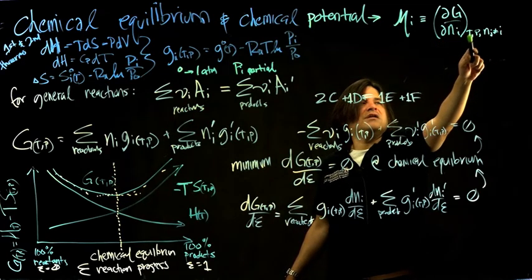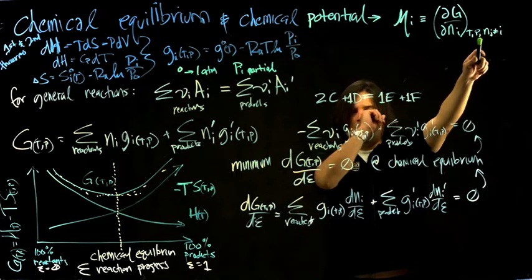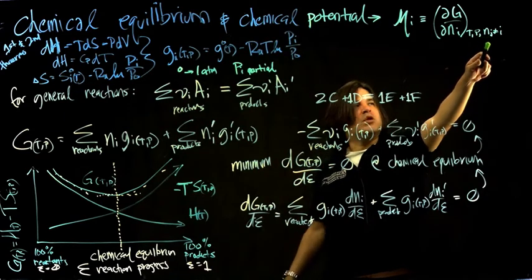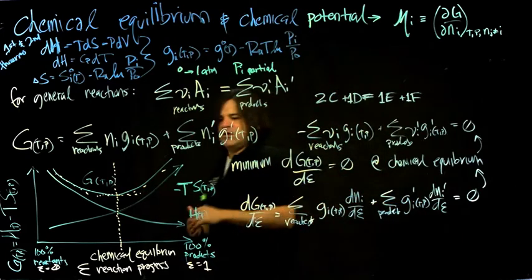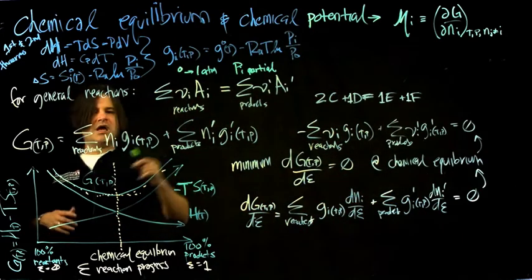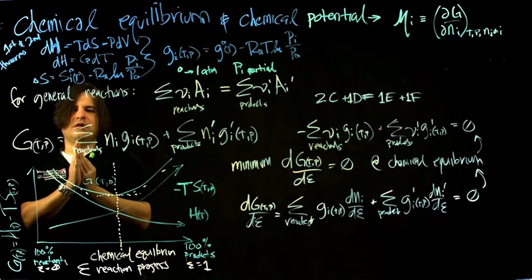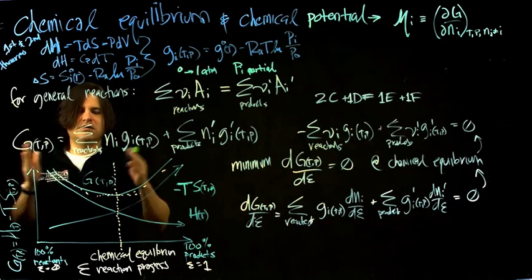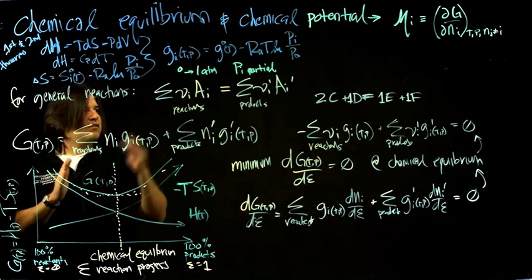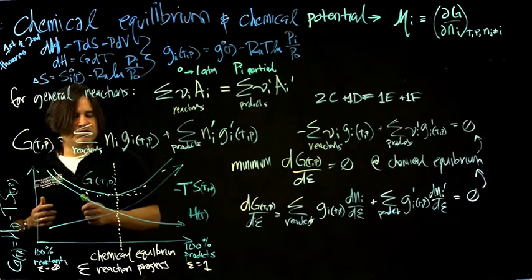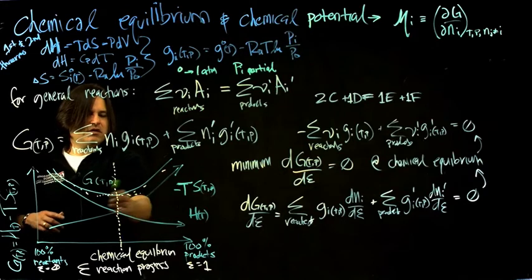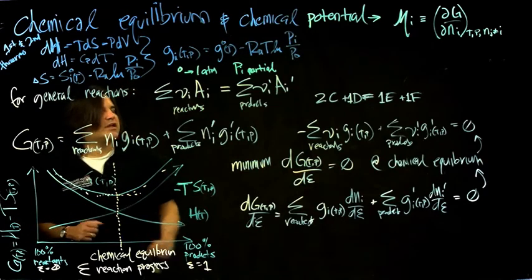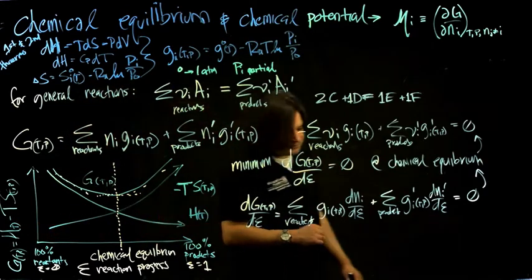That's at constant temperature and pressure, but you keep all of the other components in the mixture constant, and you just change this one component in or out. It's kind of abstract because you cannot change one component without affecting the others, but that's how the reference definition is. So it's going back and forth. How does the Gibbs free energy change? That's what the chemical potential is keeping track of.